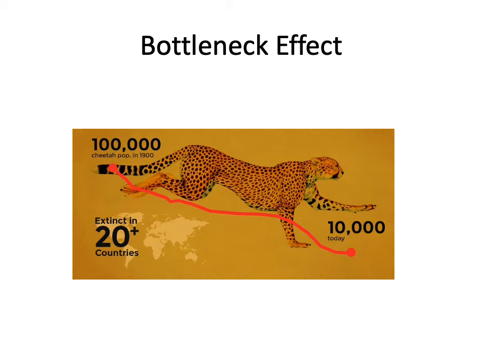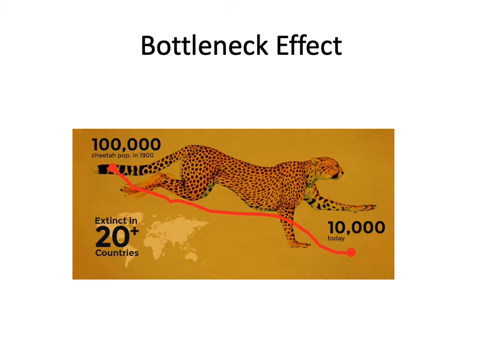They were hunted. The grasslands, the savannas in Africa where they live were converted into crops. Climate change has caused things to dry out, and a lot of these grasslands have turned into deserts, and they are extinct in more than 20 different countries now.